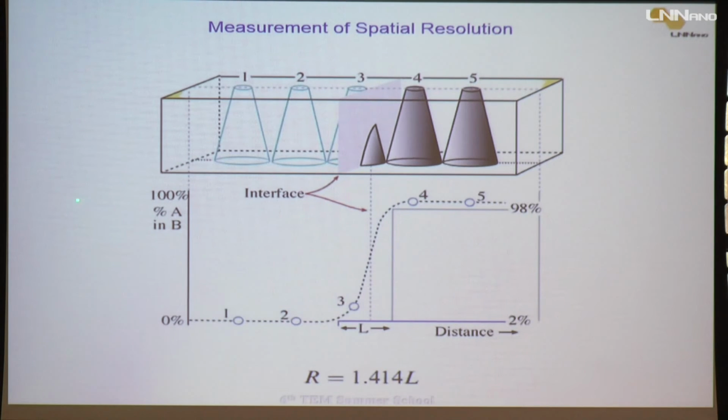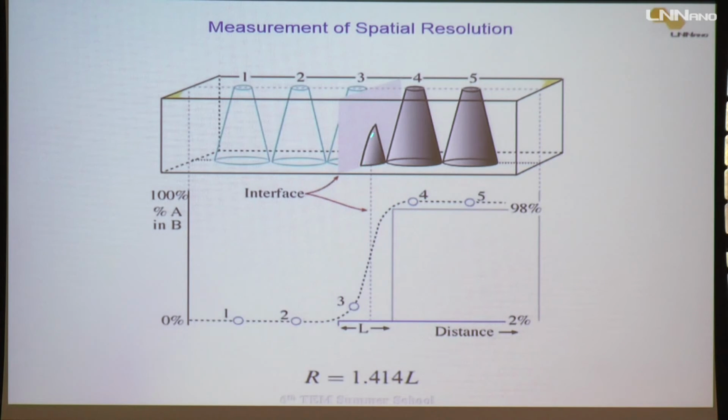This is a way to measure experimentally the resolution. It is just by acquiring a line scan, for example. You have here an interface in your material, a very defined interface. When you scan the beam, you will start to measure the composition of the one element, okay?